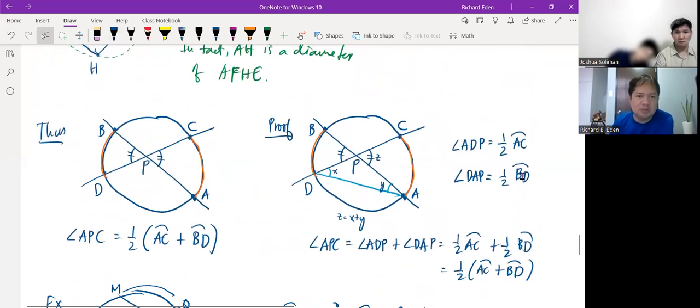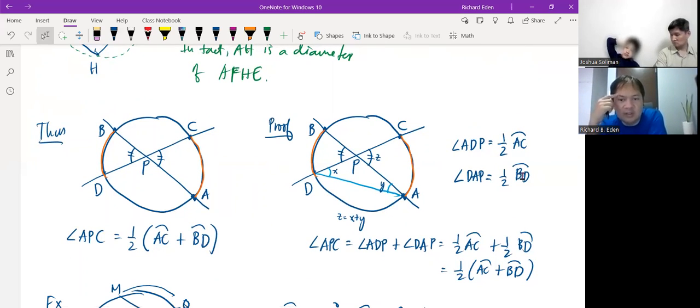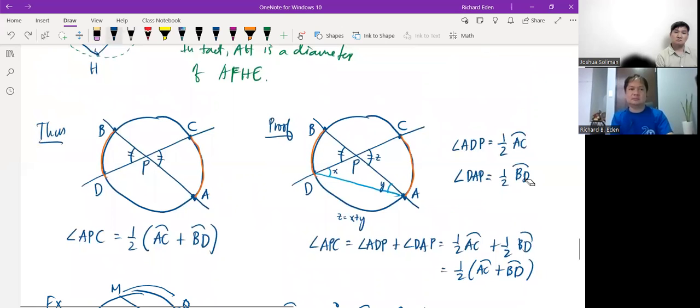Because we know the conclusion involves the arcs AC and BD, what we did was we drew that segment AD. But why did we draw the blue chord AD? How did that help us? By drawing this chord AD, we were able to identify the angles X and Y, which are related to the two orange arcs.